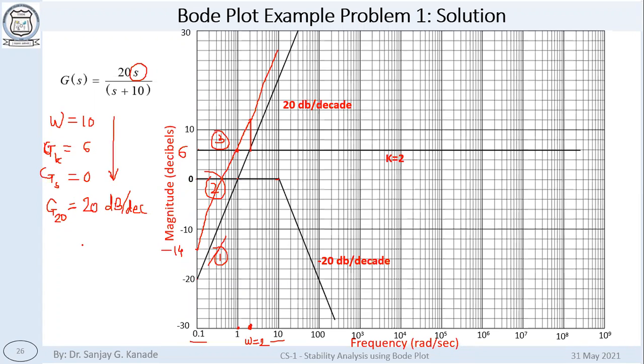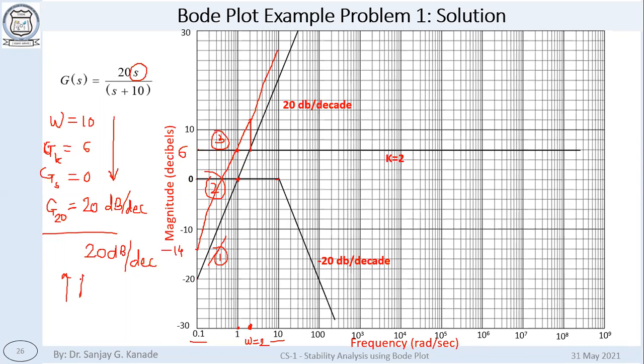If you add all these three, you are going to get a 20 dB per decade line, but instead of that line intersecting here at 0 dB, it is going to intersect at 6 dB, because that line is getting shifted upwards.